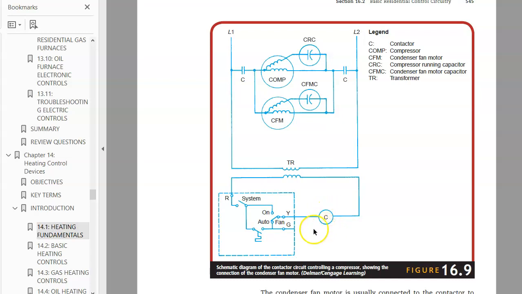When it is energized, the normally open contactor will become closed. So when this is energized, this one will be closed and this one will be closed, and then the compressor and condenser fan motor will run at the same time.